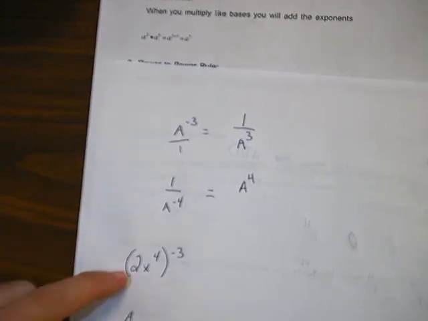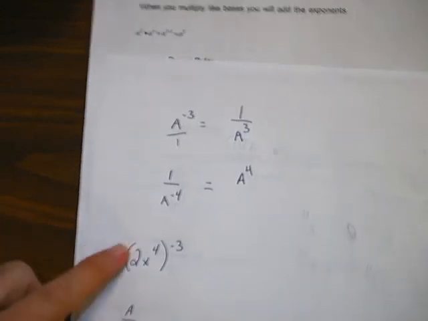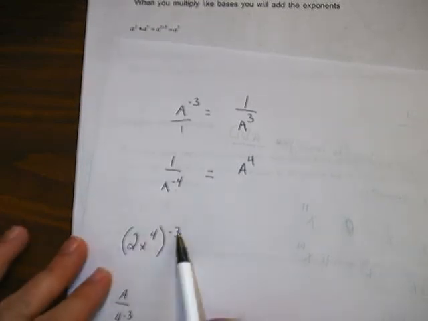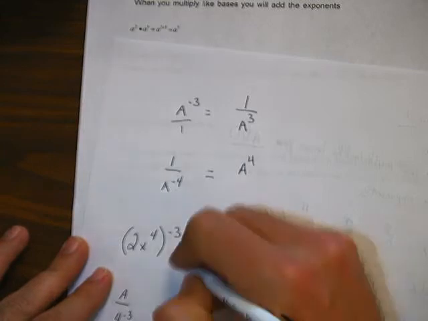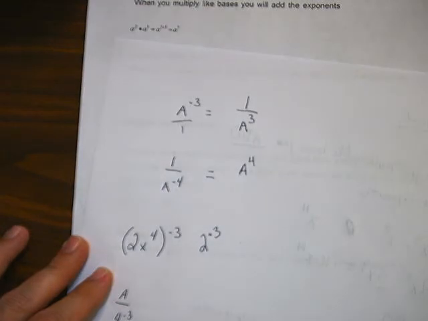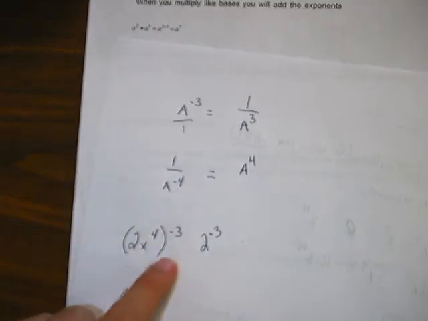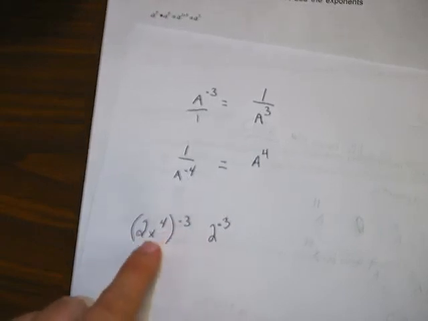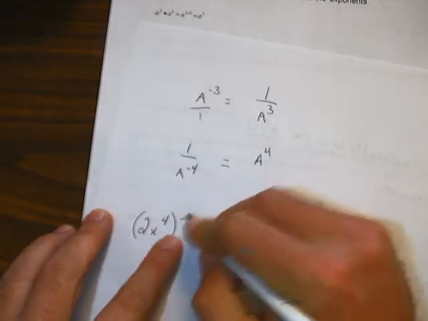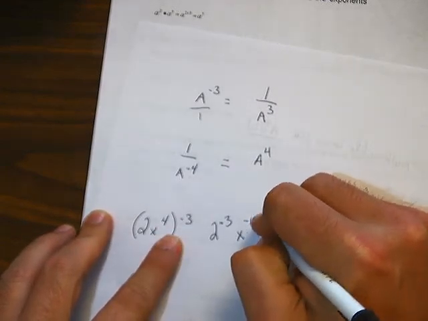Now, when you're dealing with coefficients, just like in the other two rules, let's take care of the coefficients first. The first thing I want to do is raise 2 to the negative 3 power. I'm just going to go ahead and write it out. We'll move it in a minute. So that's 2 to the negative 3rd power. Here, we take in rule number 2, where we're raising a power to a power. So this would be x to the 4 times negative 3 is negative 12.